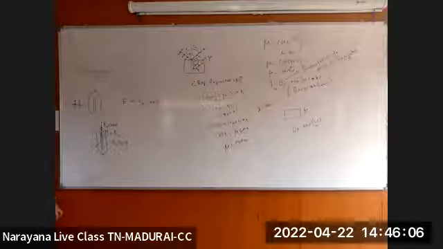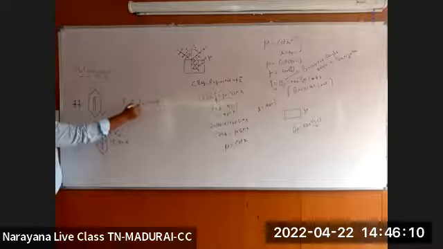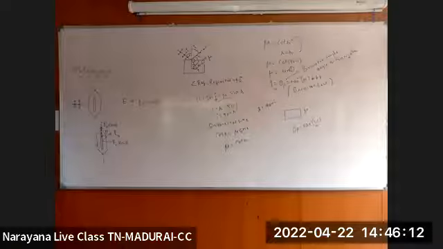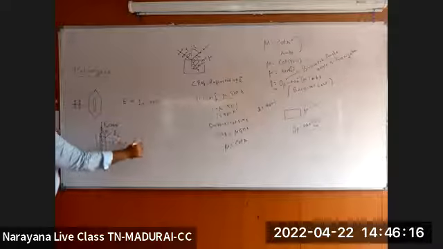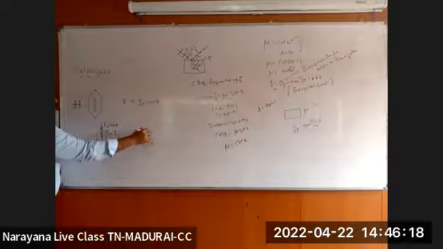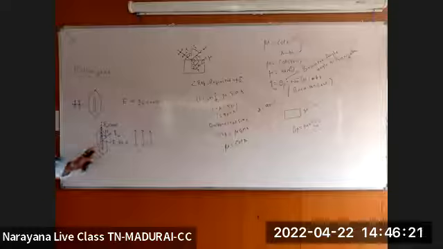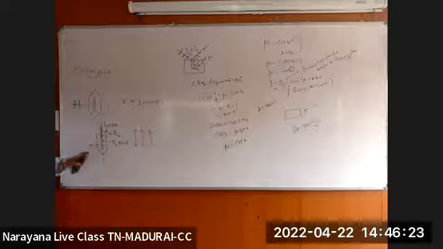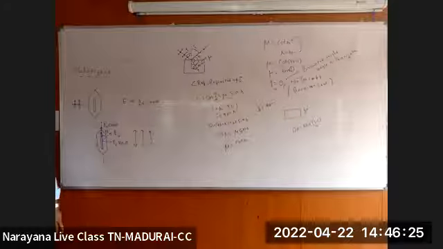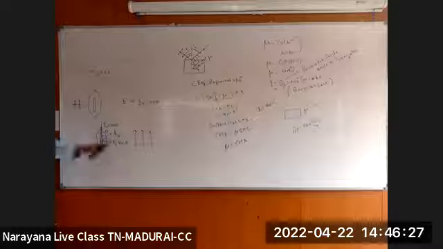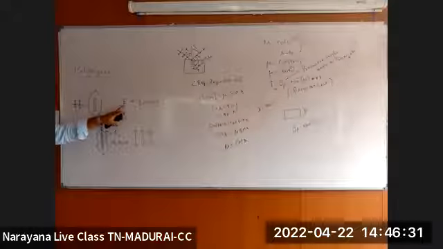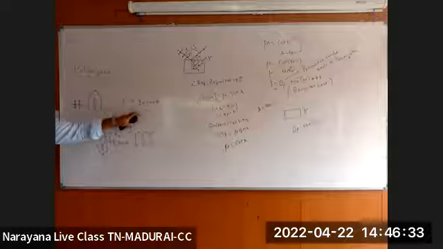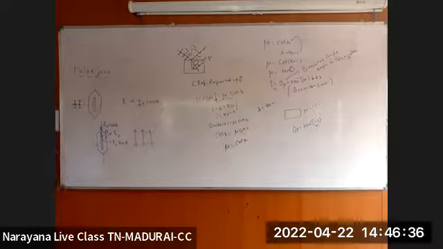For any inclined incidence, this is a peak amplitude. The light which is coming out is having only vertical oscillations. All these horizontal oscillations will be obstructed by this polarizer. So the amplitude or electric field in the polarized light is proportional to E naught cosine theta.